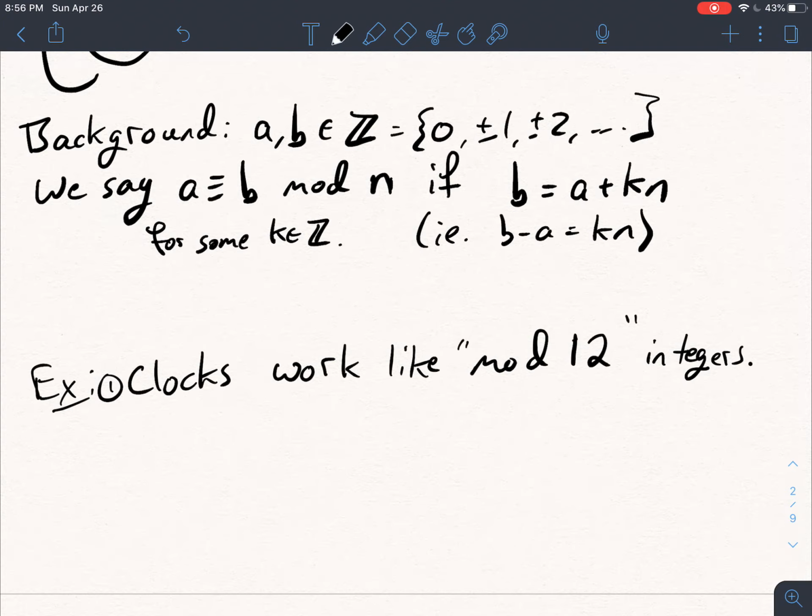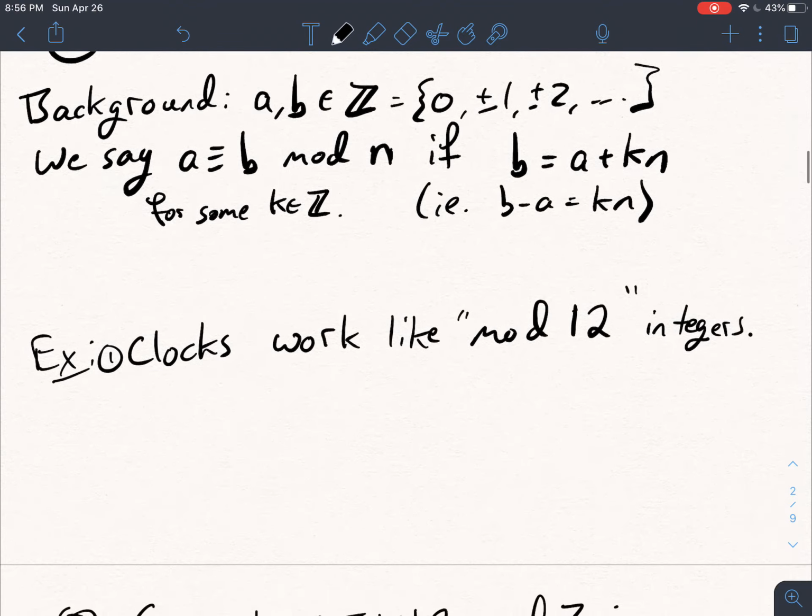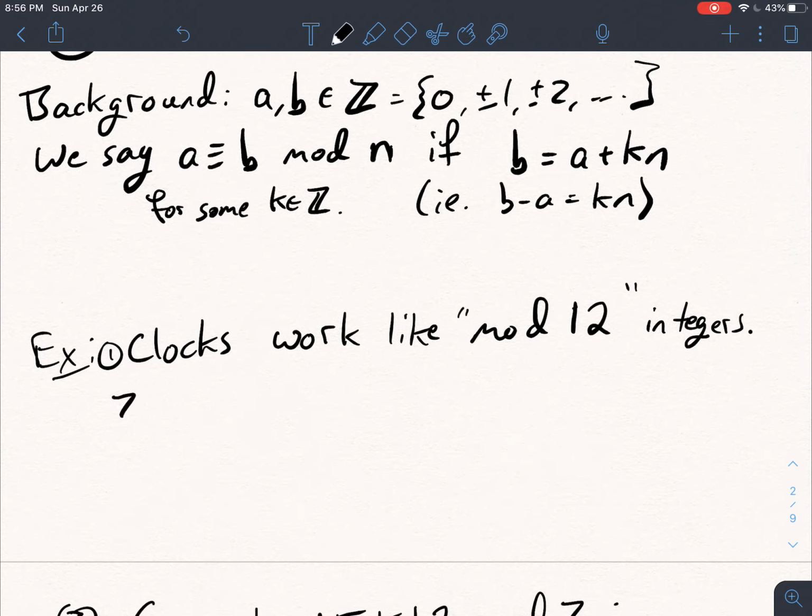So this is what it means to be addition mod n. And the classic example that you see with this is with clocks. How we usually talk about clocks or time, not military time, but standard AM PM time, works mod 12.